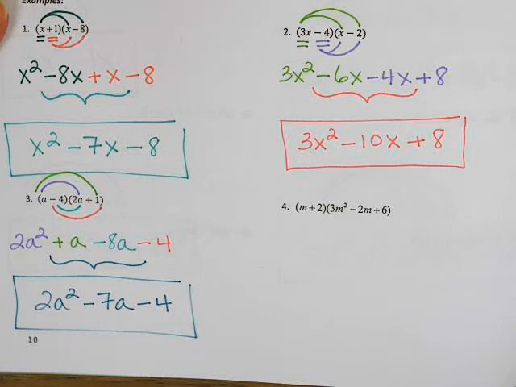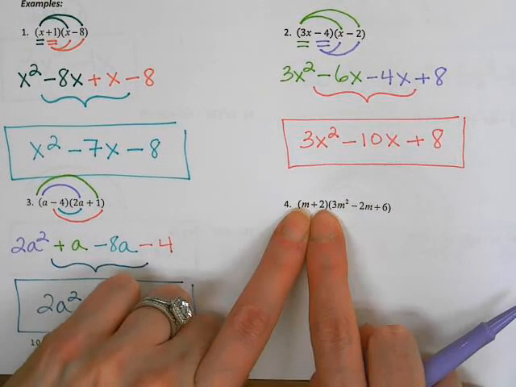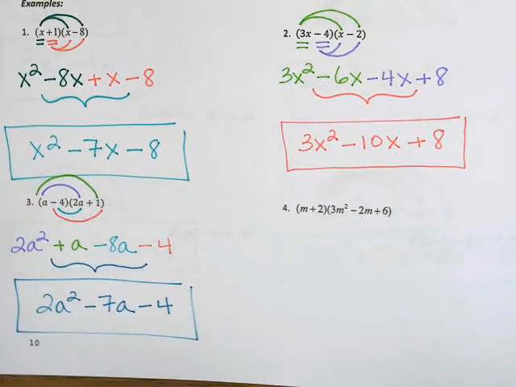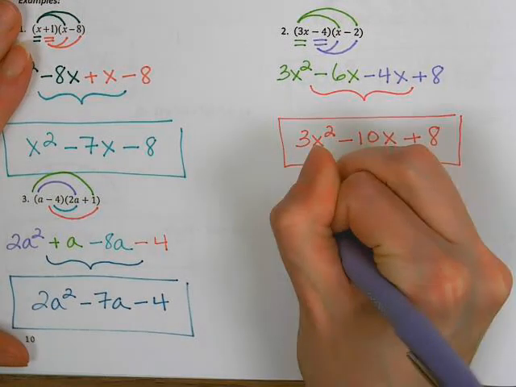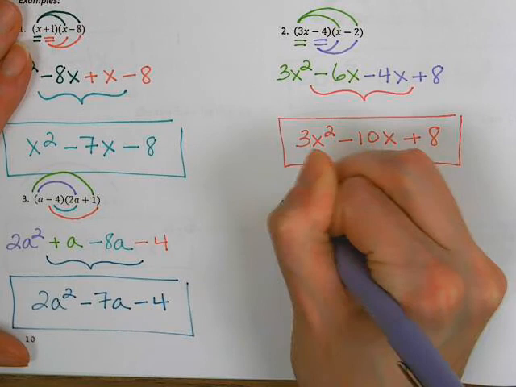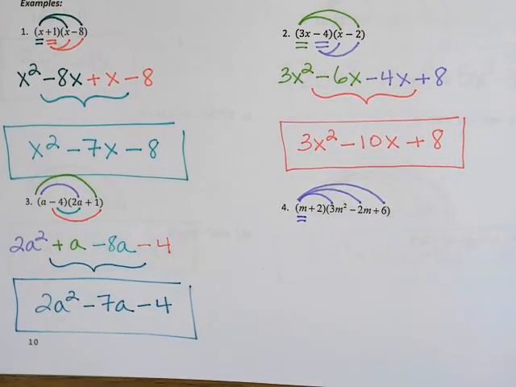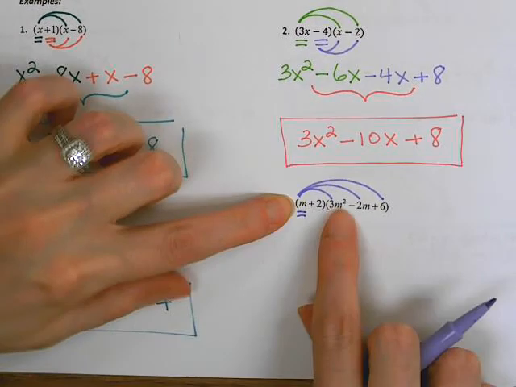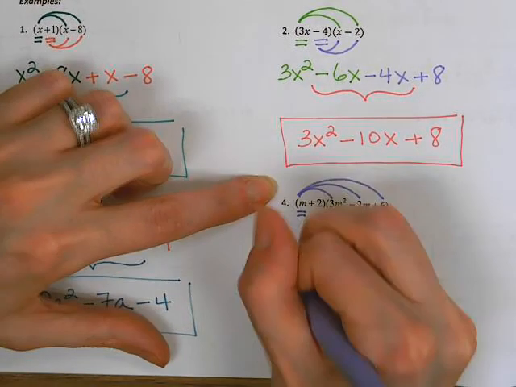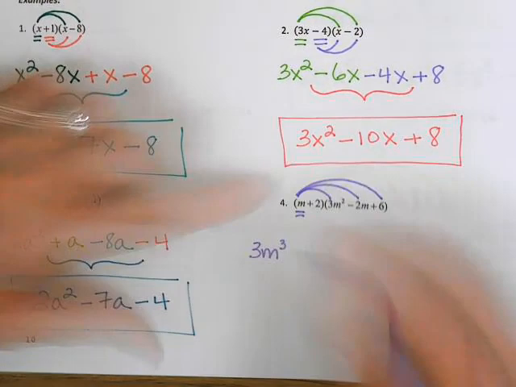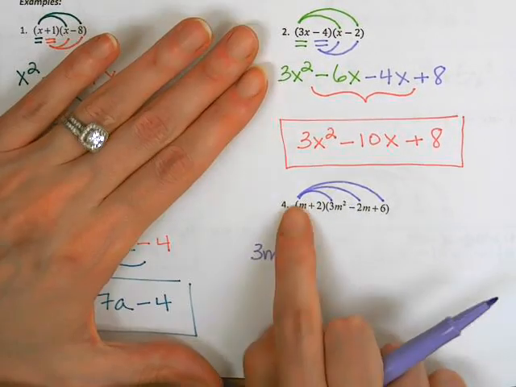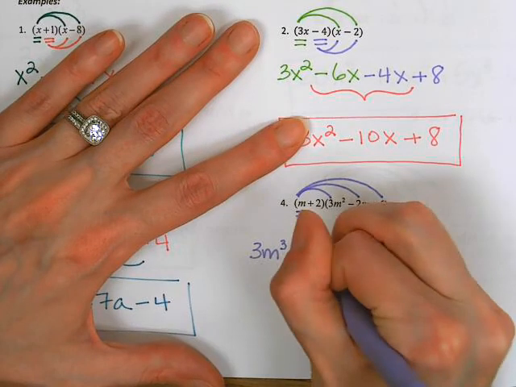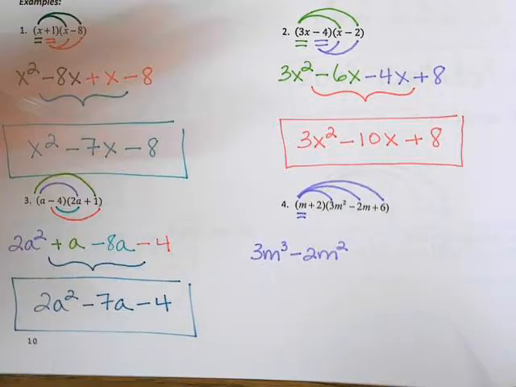Now, challenge problem. What if we have a binomial times a trinomial? Guess what you have to do? Take that m, you've got to triple distribute it to all three in the second parenthesis. So m times 3m squared is 3m cubed. m times negative 2m is negative 2m squared.